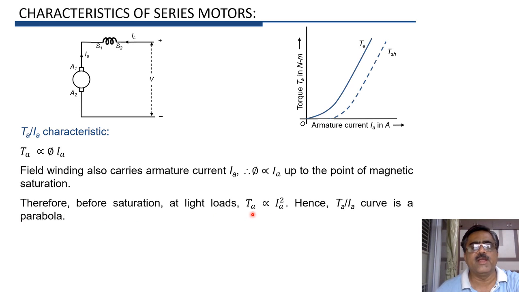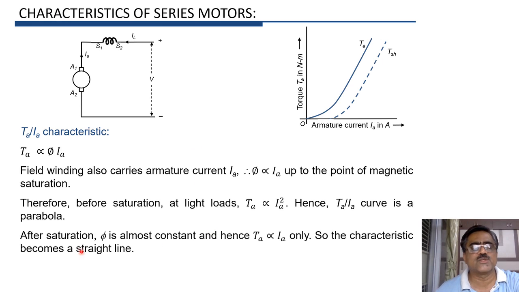So before magnetic saturation, torque TA is proportional to Ia square at light loads, and therefore the curve is a parabola as shown here. But after magnetic saturation, when the field poles get saturated, you know that flux phi remains almost constant.